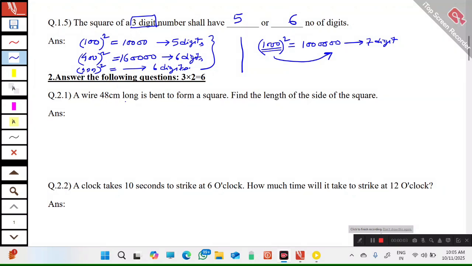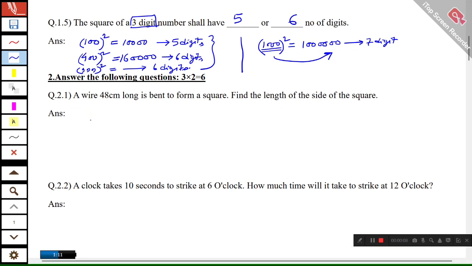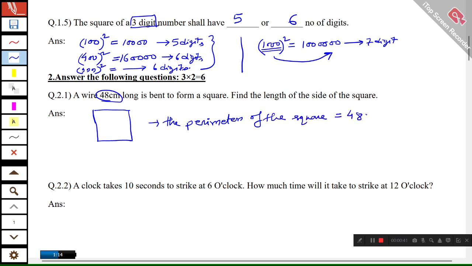A wire 48 centimeter long is bent to form a square. So this is a square made by the wire of 48 centimeter length. So the perimeter of the square is equal to 48 centimeter.